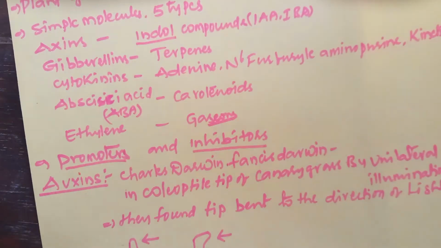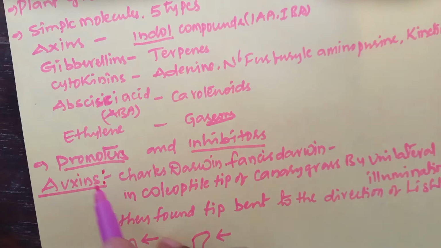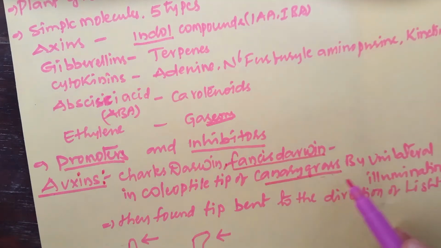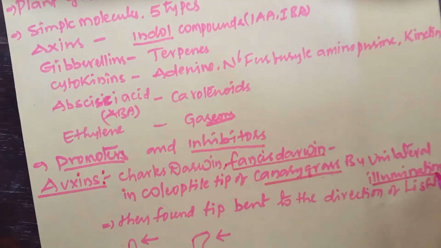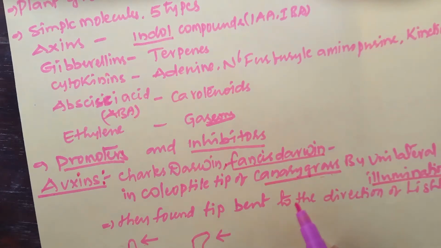Before discussing the functions of auxins, some historical points need to be understood. Auxins were first observed by Charles Darwin and Francis Darwin in the coleoptile of canary grass, using unilateral illumination. When they used unilateral illumination over the coleoptile tip of the canary grass, they found some bending of the tip of the coleoptile.